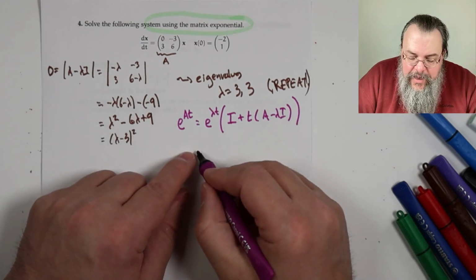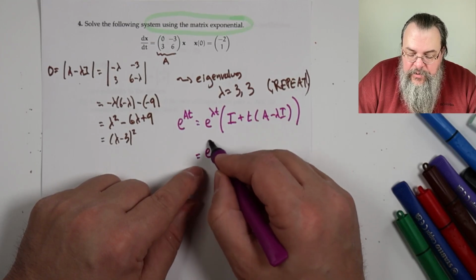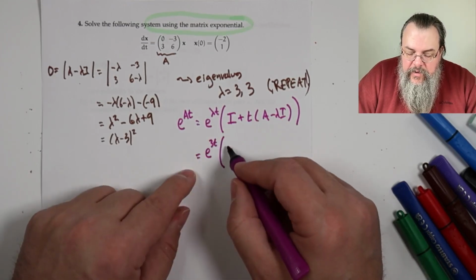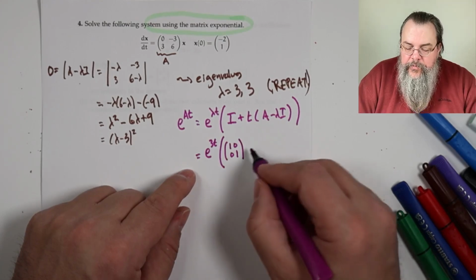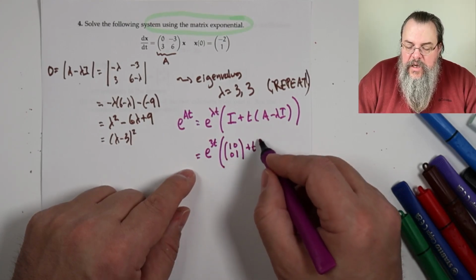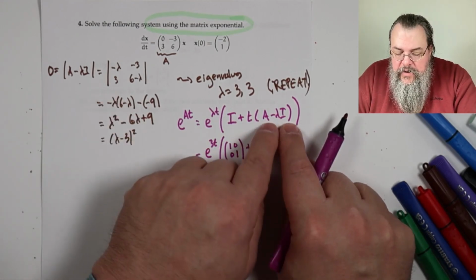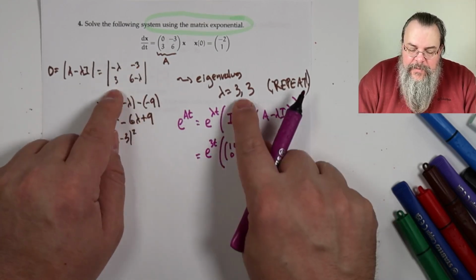So in our case, lambda is 3. So we have e to the 3t times the identity matrix 1, 0, 0, 1, plus t times (A minus lambda I). And how can you find A minus lambda I? Well, you have A minus lambda I written here. You just put in lambda equals 3.